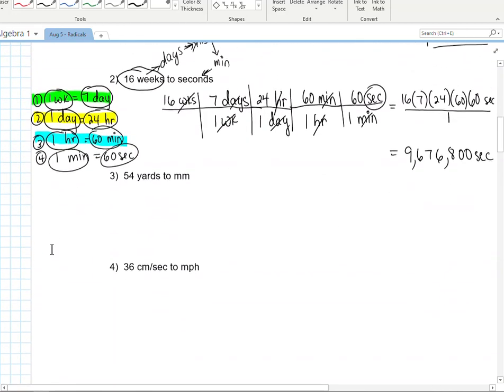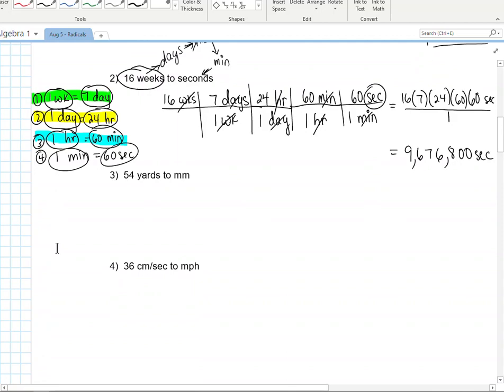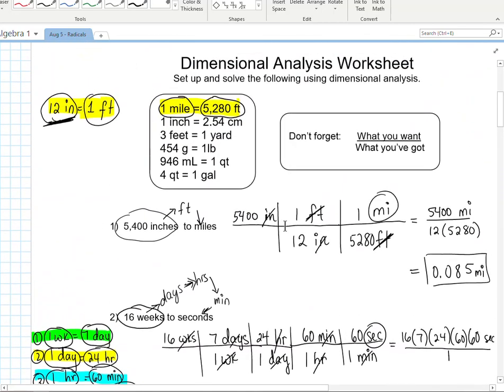All right, this one, 54 yards to millimeters. From yards, we can go to, let's see. The only one that can take us to millimeters is the centimeter one, and that's from inches.